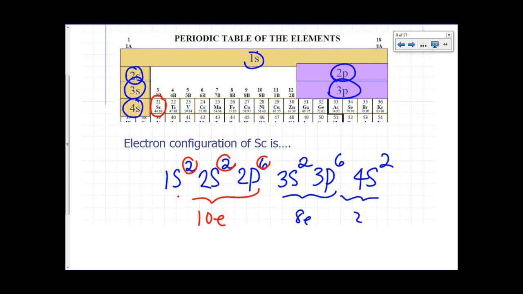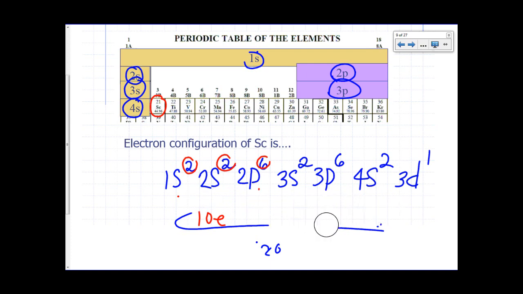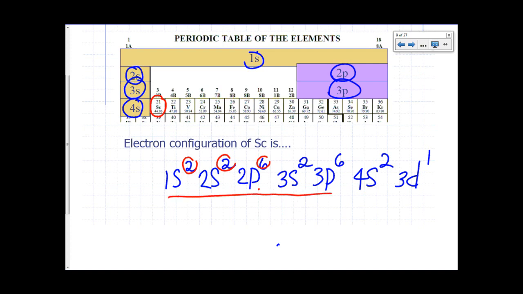That gives you 2 more electrons. So that's 10 plus 8 plus 2, that's 20 electrons. Then the next electron will go in the 3d subshell, so 3d1. So your electron configuration is this: 1s2, 2s2, 2p6, 3s2, 3p6, 4s2, 3d1. That accounts for the 21 electrons of scandium.